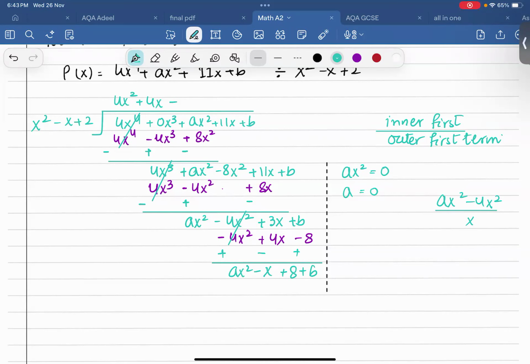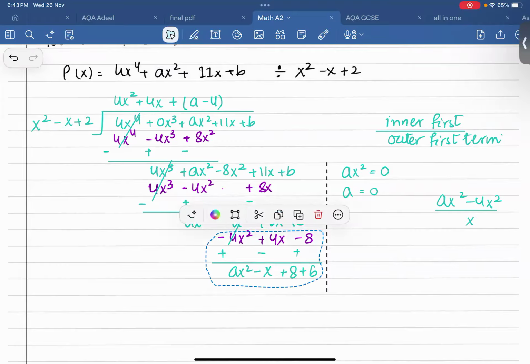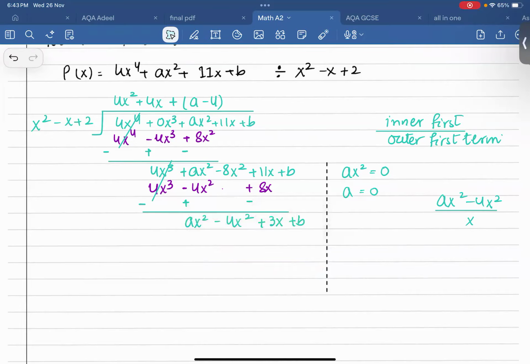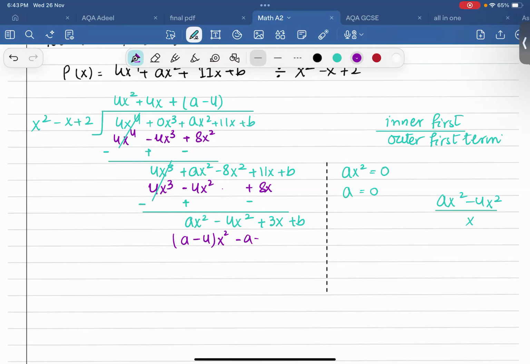So a minus 4, right? One second, let me change this please. So when you multiply everything by that, it will be a minus 4 times x squared for the first one, and then for the second one, negative a minus 4 and then x, and for the last one plus a minus 4 and then 2, right?